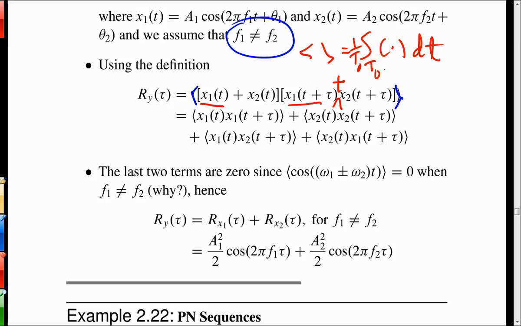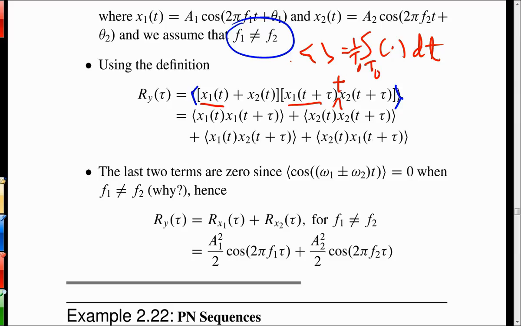In general, though, if it's not a periodic signal, then it's a limit. So you have to change that into a limit. And that was quite a few pages back, but Dr. Zemer puts it in the book because he's trying to just have a shorthand notation to avoid having to write down that integration. And we're going to be using time average in Chapter 3 a lot. It's just a quickie notation that brings understanding.